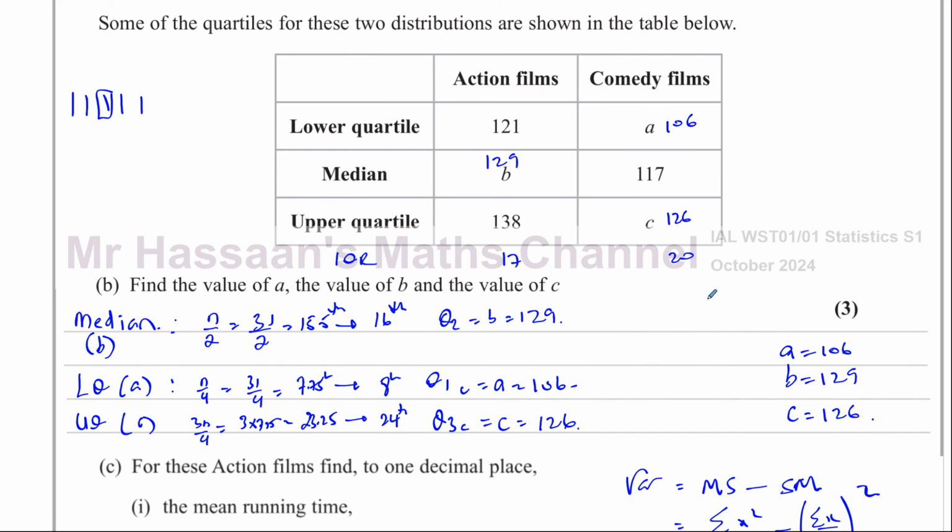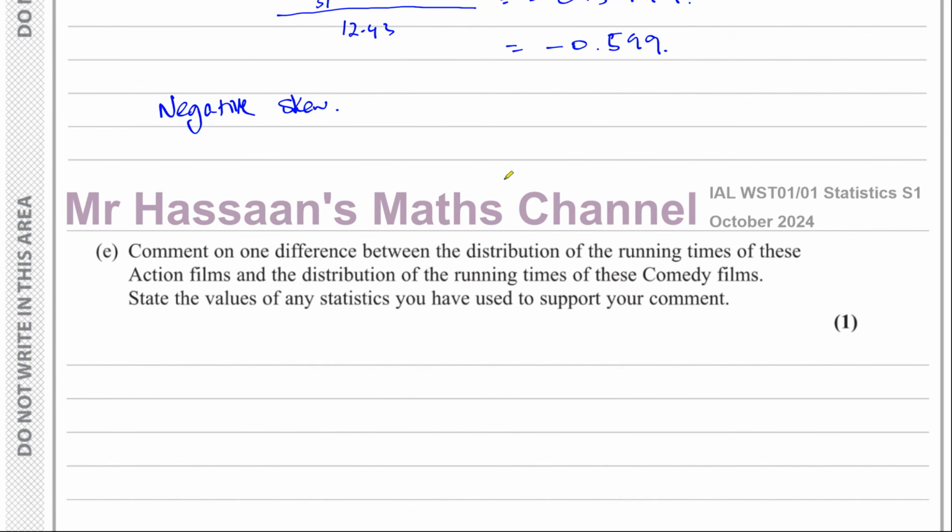Personally, I would stick to comparing the median times, because we've already calculated both of them and don't have to do any further calculations. It's pretty obvious that the action films on average last longer, so we could just mention that.